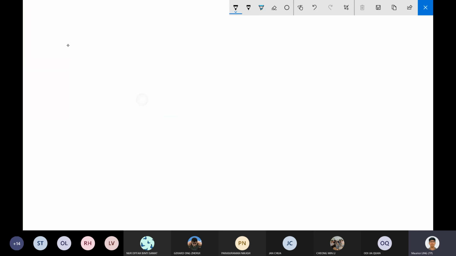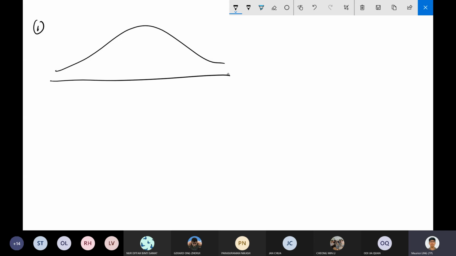Now, the first thing is, for part 1, this is not a problem. You have your height, so it's 170. Standard deviation is 10, so 180, 190, and so on. 160, 150, 140. So it's fine.